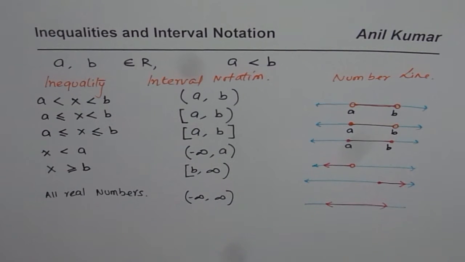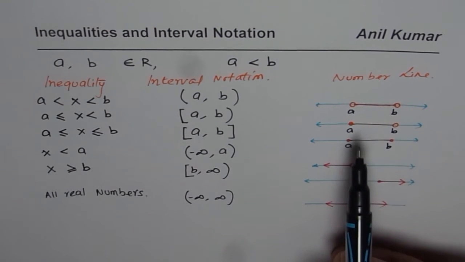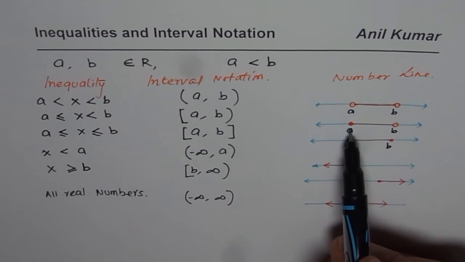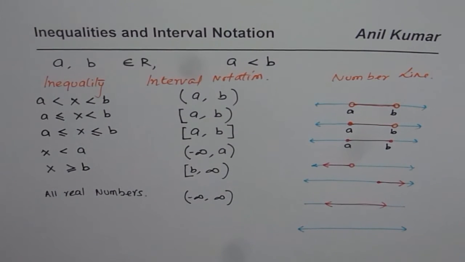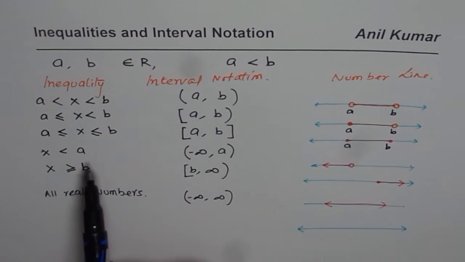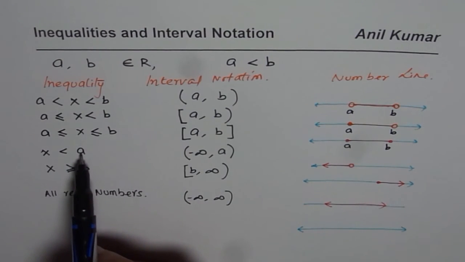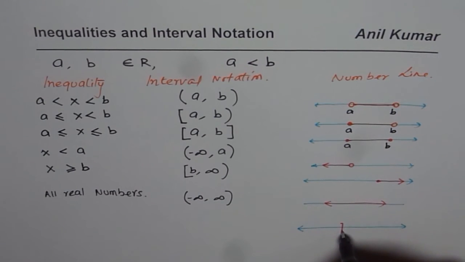Well, at times you might see in a few books, the open circle is represented by an open bracket and the closed circle is represented by a closed bracket. So let me give you a few examples of those kinds also. So let us say we take up a situation which we have not covered. So x less than or equal to a, right? So that means we could say a closed bracket like this and everything towards this side. Do you see that?